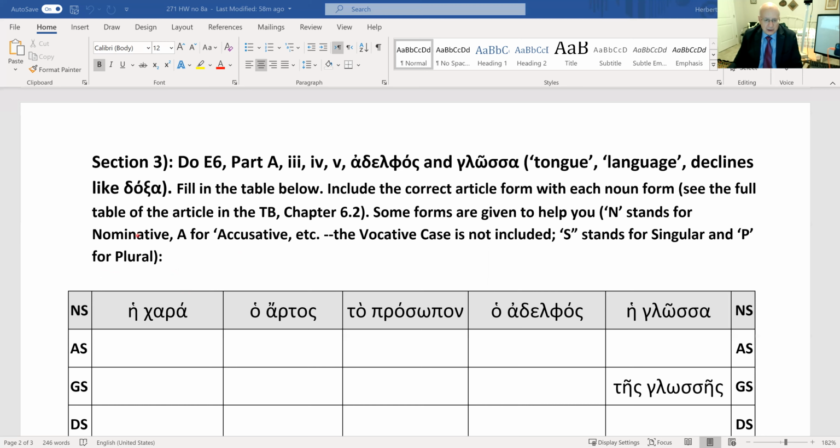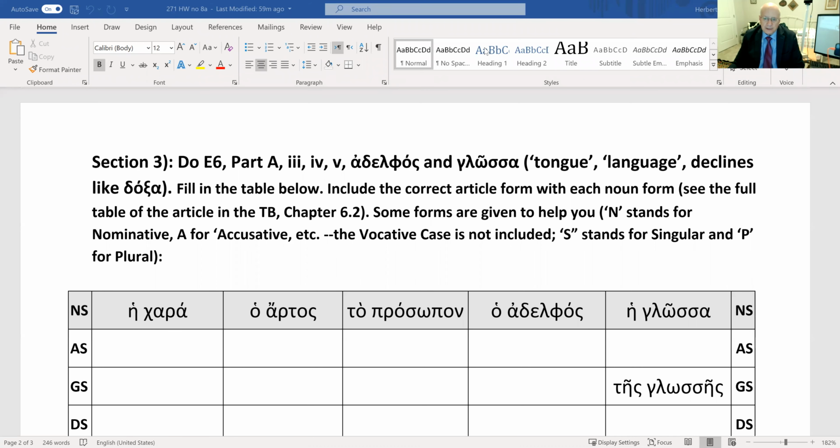So we need to know these new words, but we also need to group them. And again, you'll notice that he has a table with 3 columns. Now, I've given you in your homework a table with 5 columns.